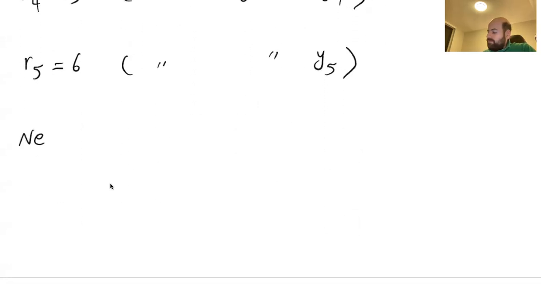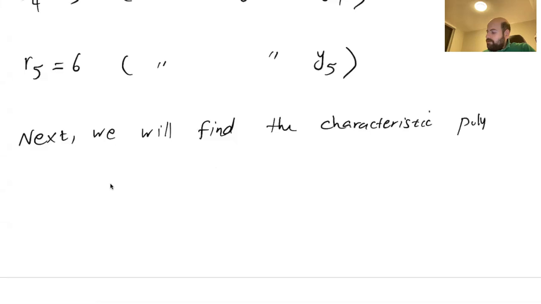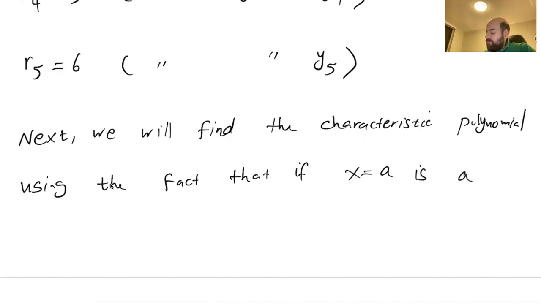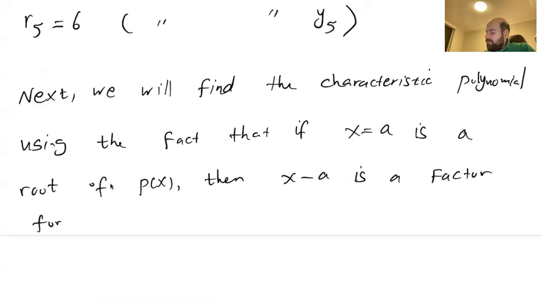So next, we will find the characteristic polynomial using the fact that if x equals a is a root of p of x, then x minus a is a factor for p of x.